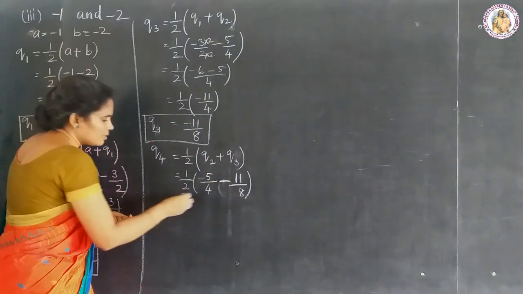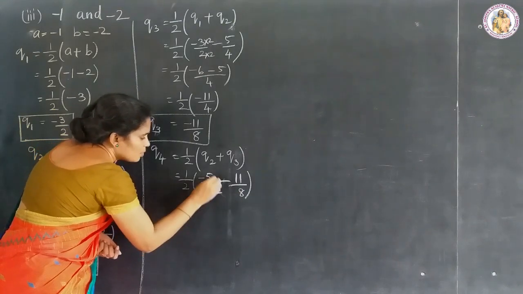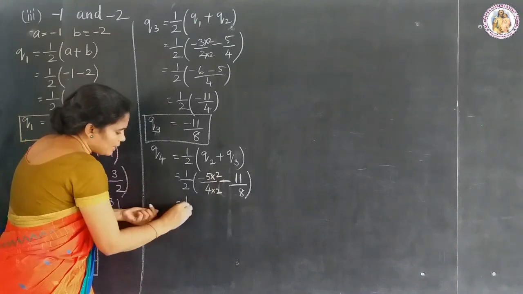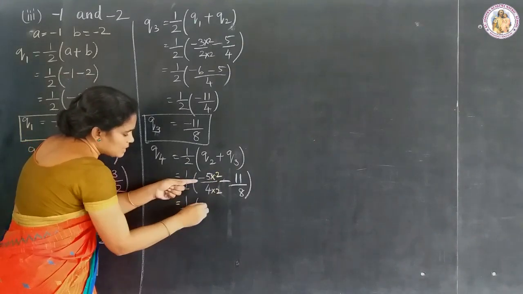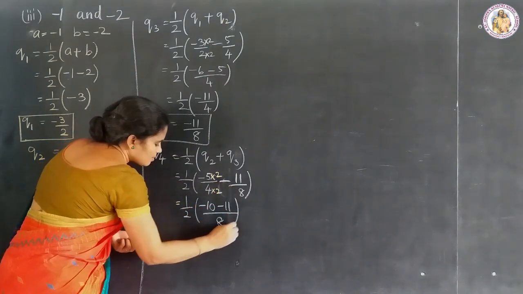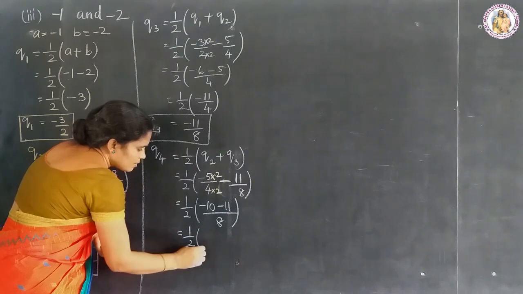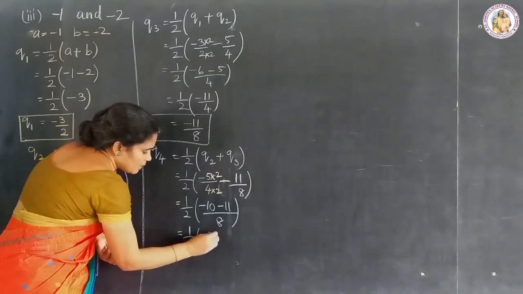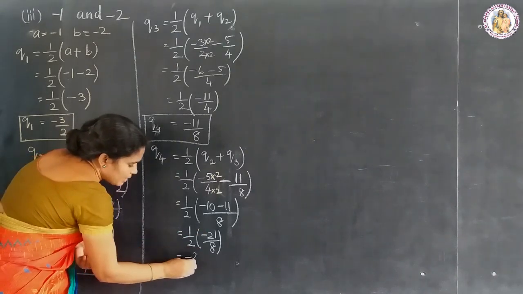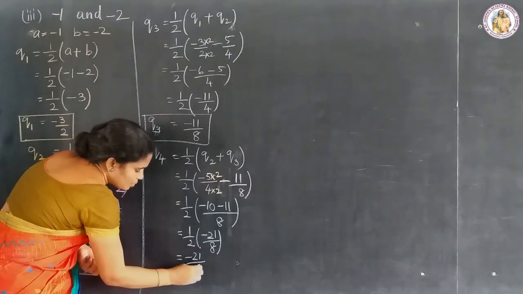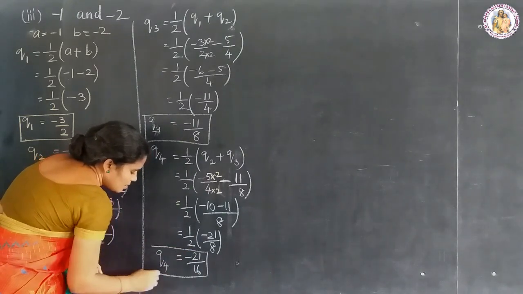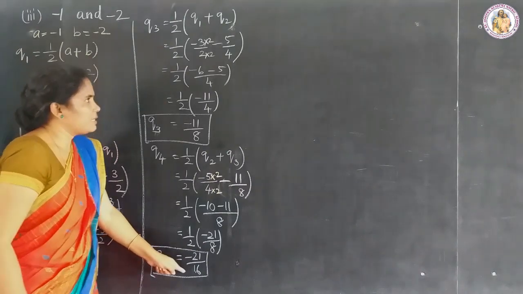Okay, multiply with 2 both to the numerator as well as denominator, is equal to 1 by 2, 5 2s are 10 minus 11 by 4 2s are 8. 1 by 2, same sign add, minus 21 by 8. So multiply plus into minus, minus 21 by 8 2s are 16. So Q4 is equal to minus 21 by 16.